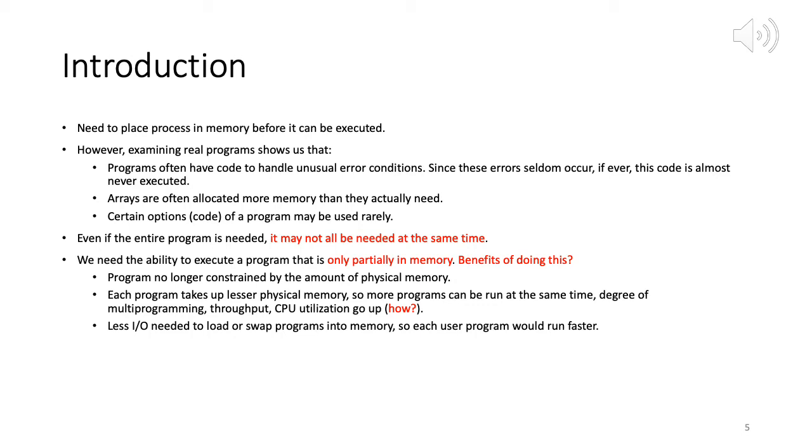If you're using Word, Excel or PowerPoint, perhaps you use some of the features, and a lot of the features you've never even used at all, or you may not even be aware of those features. What we're trying to get at is that there are many parts of the code which may not be executed, or which may be very rarely executed.